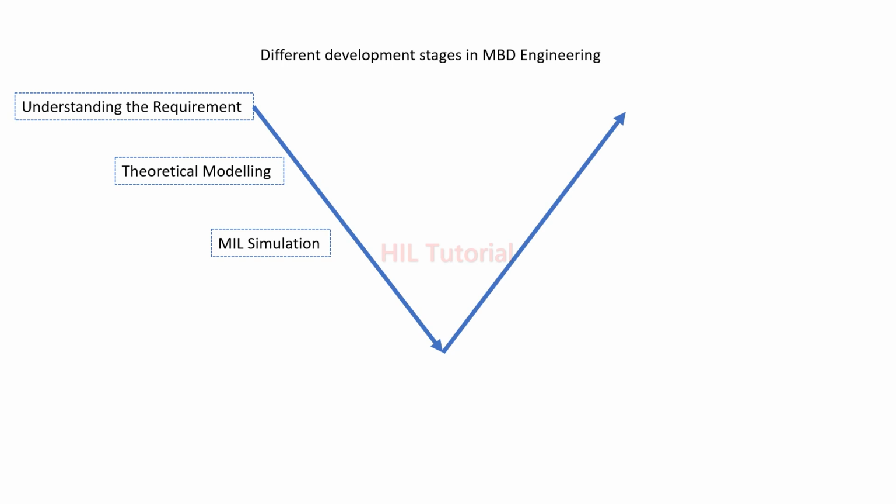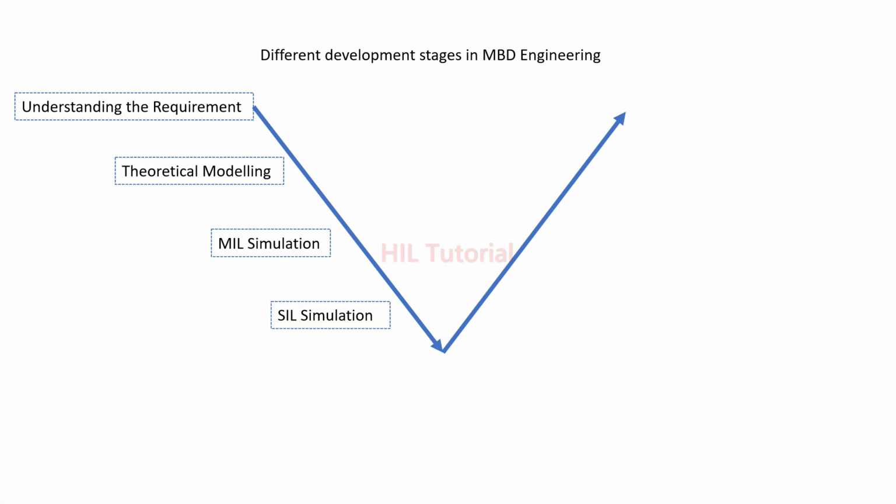Under this stage you will completely develop your model in a virtual simulation environment, and you will be able to see whether your model is generating the output which is required by the customer. Here you have to ensure whether your model is giving the exact requirement of the customer or not. Here you can do many changes in your model.